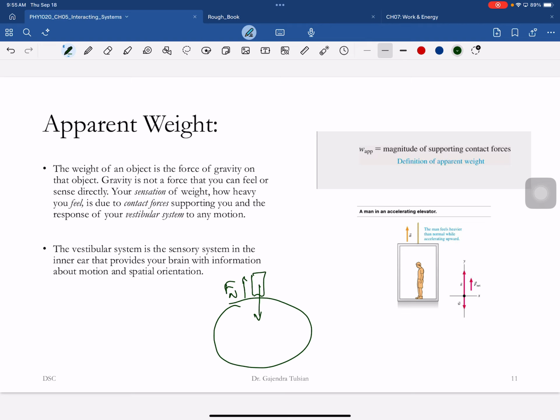Newton says the net force on you is your mass times acceleration. Since you're accelerating upward, there must be a net force upward, so the push up has to be greater than the force of gravity. So when the elevator accelerates up and you stand on a scale, you will weigh more. Your weight will increase while it's accelerating upward.